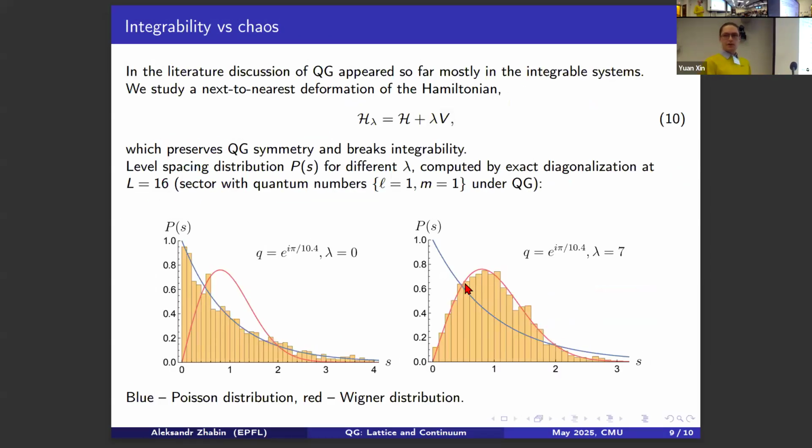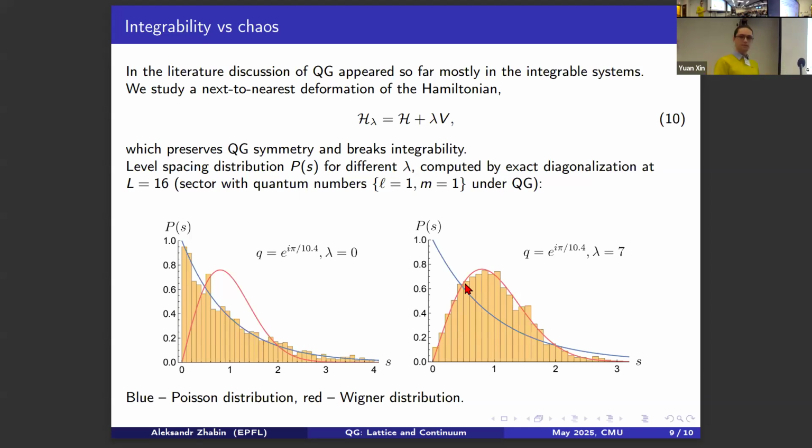And the last point which I want to make is that in the literature so far, the quantum groups have been discussed mostly in the context of integrability. And this is how they were discovered. However, how we formulated the quantum groups, it's purely like a global symmetry.